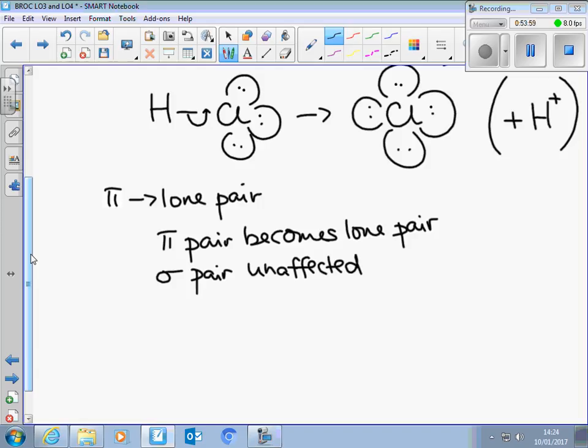The oxygen has already got one there. If I put those in just to make it clearer, that could be the pi pair, could have gone there, and then those were there anyway.